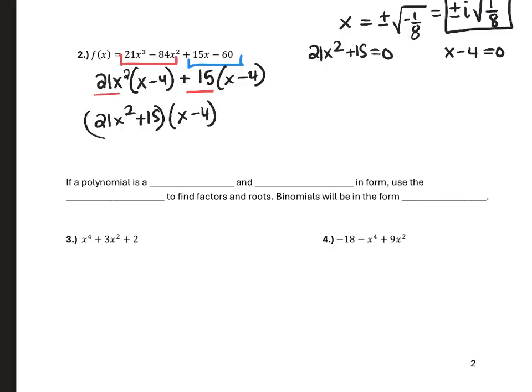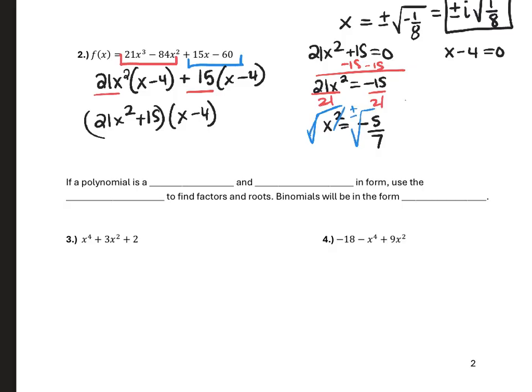So if I subtract 15 from both sides, I'm going to solve for x. So I get 21x squared equals -15. Divide by 21. And then I get x squared equals -15 over 21. Those are both divisible by 3. -5 over 7. And then my square root, take plus minus.